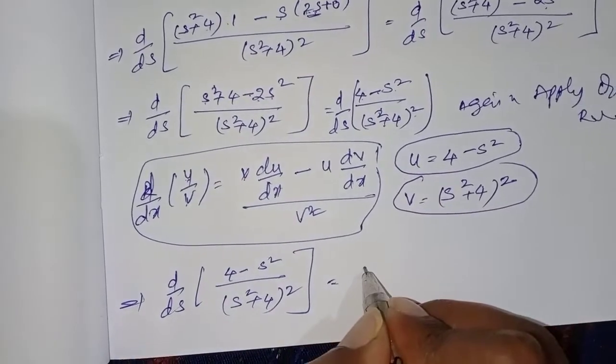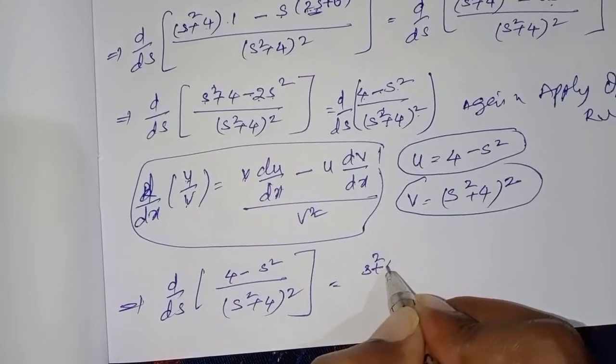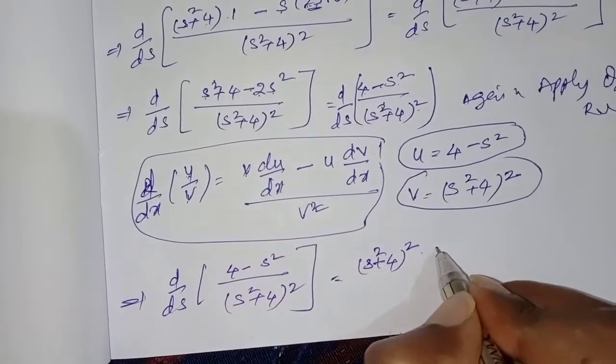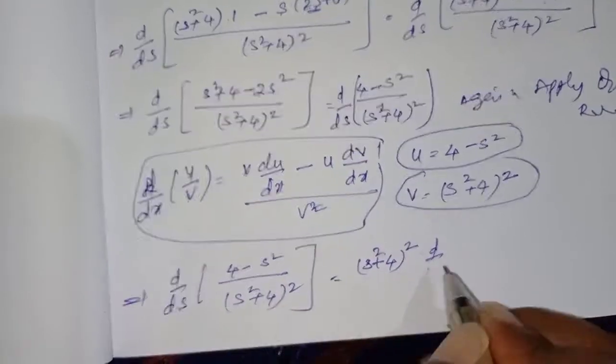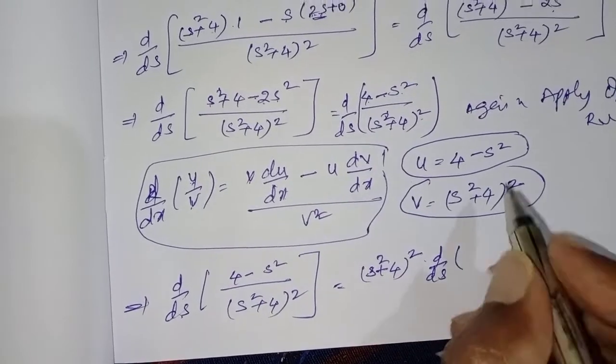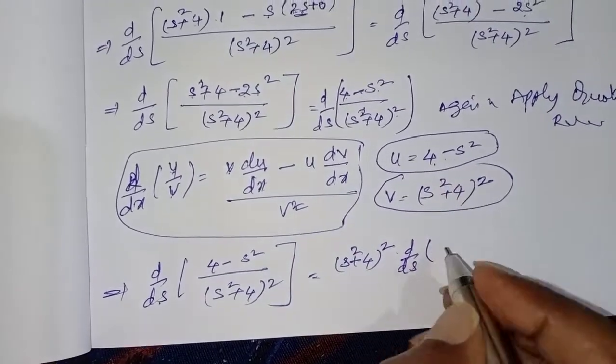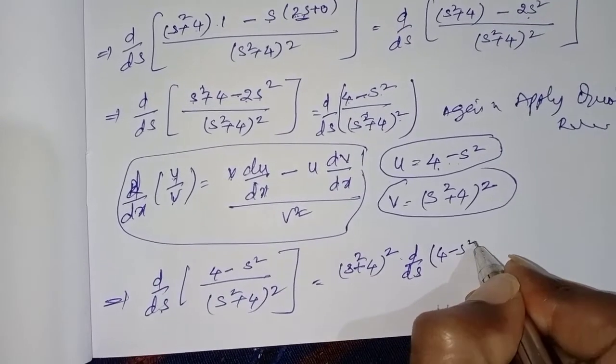what is the v value? (s square plus 4) whole square into d by ds of u, which is 4 minus s square.